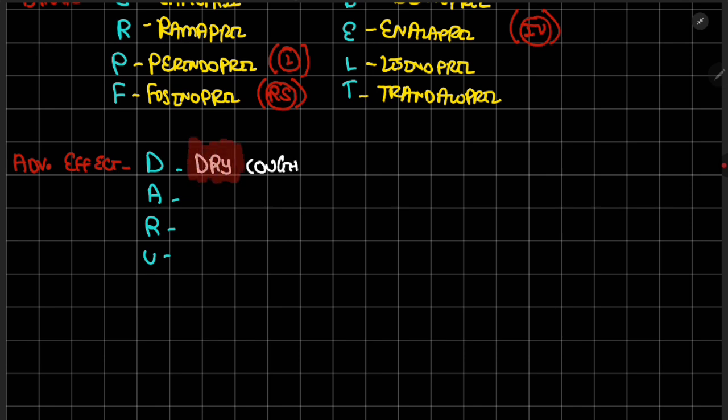Let me just highlight that. A is angioedema. Angioedema will be observed in the patient's nose area or the throat area, larynx, or the lips. Most commonly the nose and lips. Then what is R? R is rashes, and U is urticaria.